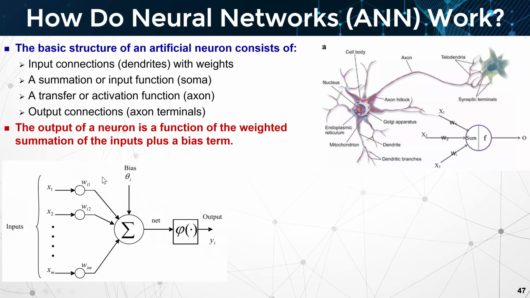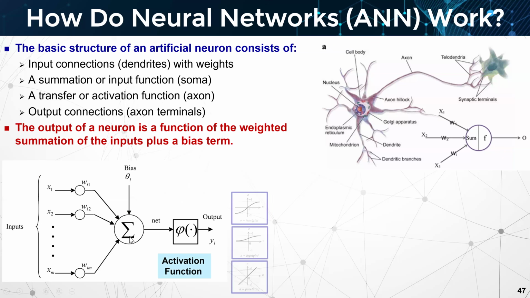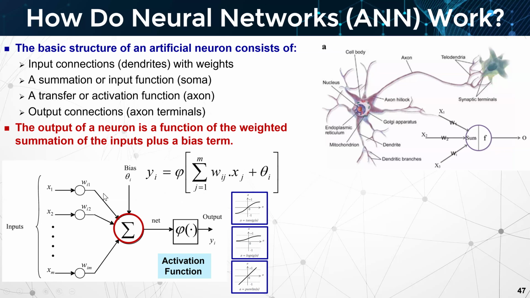We apply summation of the weighted inputs plus the bias term. So the output of the network yi is the activation function of the weighted summation of inputs, as you can see, plus this theta i, or the bias term.